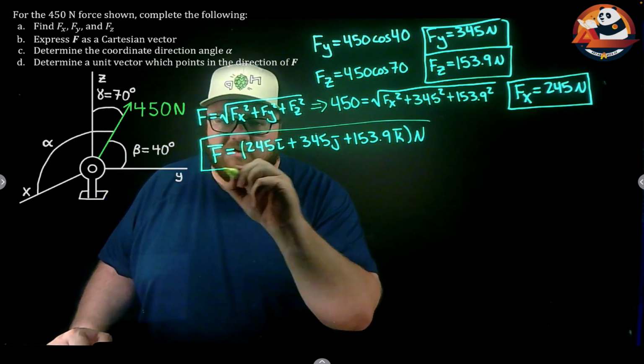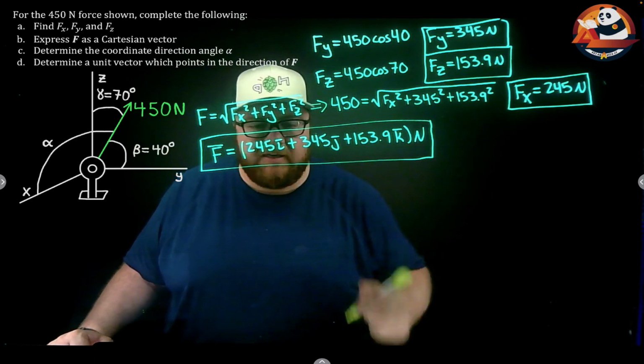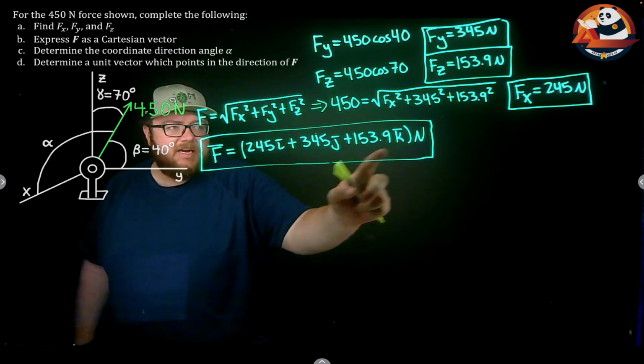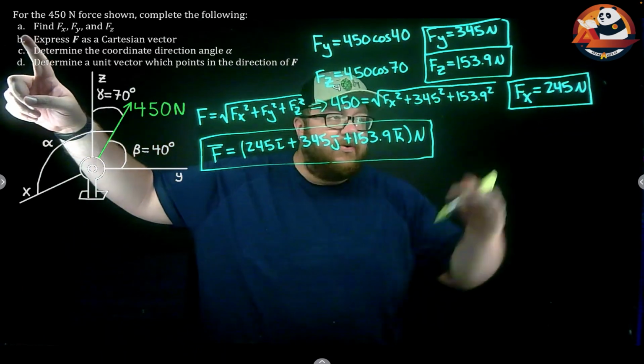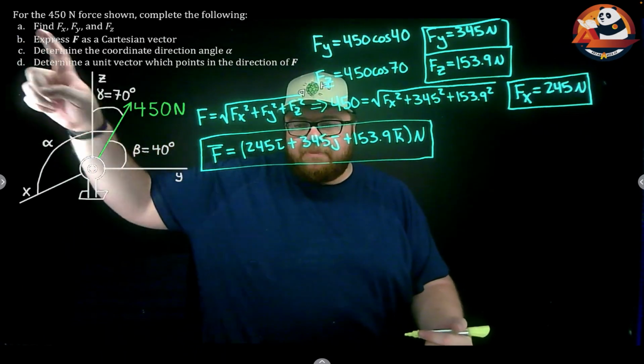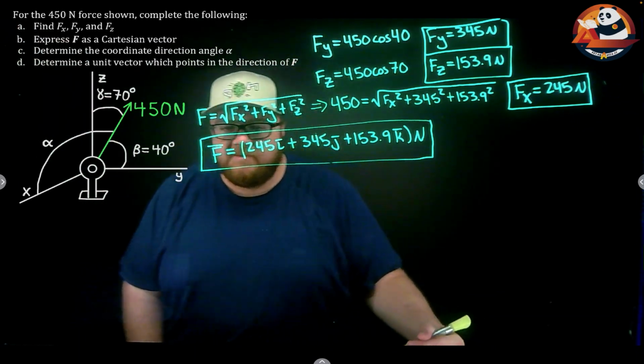Really we're just pulling those x, y, and z components into one statement and getting i, j, and k tacked on to establish direction with that. But that is the second part. Really, if we have x, y, and z components, that part B should be really easy for us.